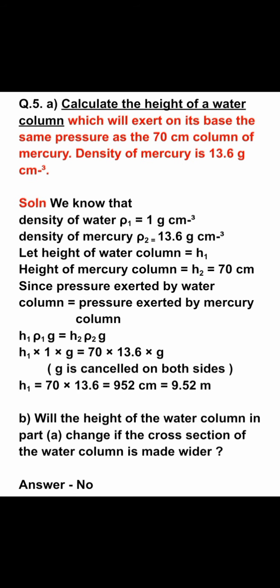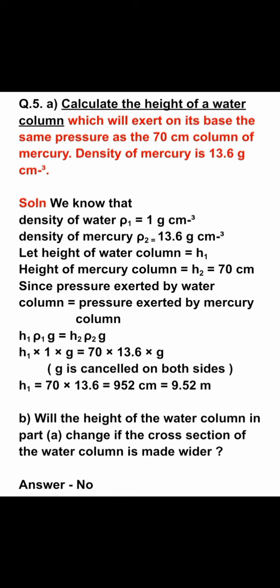Here the question is, calculate the height of water column which will exert on its base the same pressure as the 70 centimeter column of mercury. Density of mercury is 13.6 gram per centimeter cube. We know that density of water, here we have taken it as rho 1 equals 1 gram per centimeter cube.